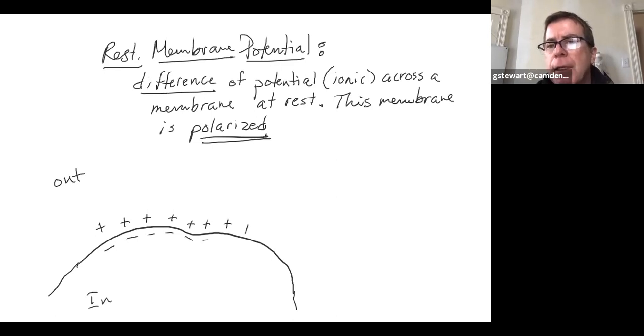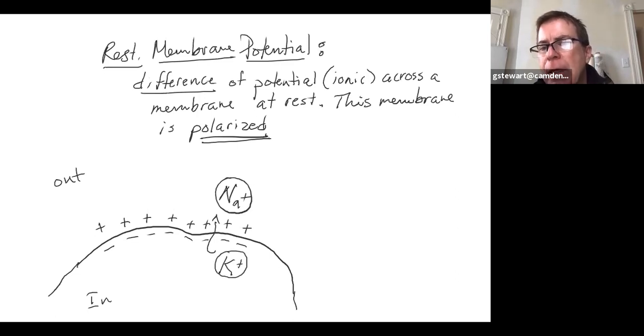And it's because we largely have a concentration of sodium ions out here, and we have potassium ions in here, but they constantly leak out, and sodium is more positively charged than potassium is to begin with. It's a stronger positive ion. So at rest, I'm going to describe this situation to you.